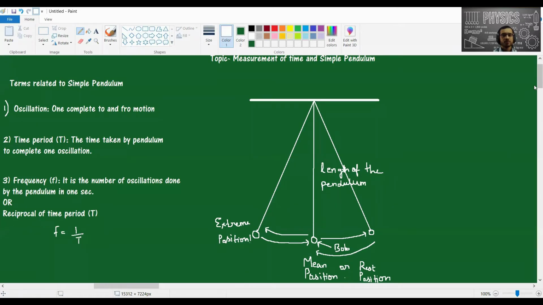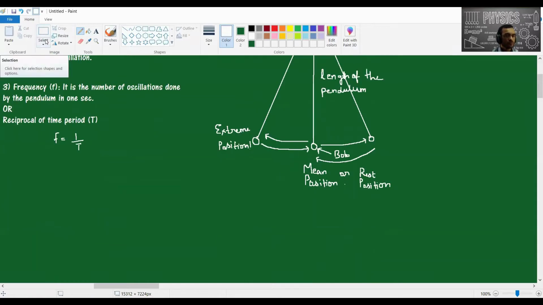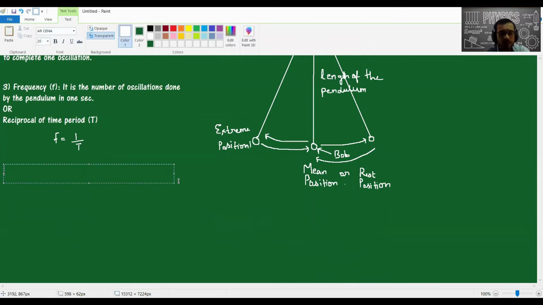Now let's move on to the fourth definition, which is amplitude. See, amplitude is the maximum displacement done by the bob of the pendulum.